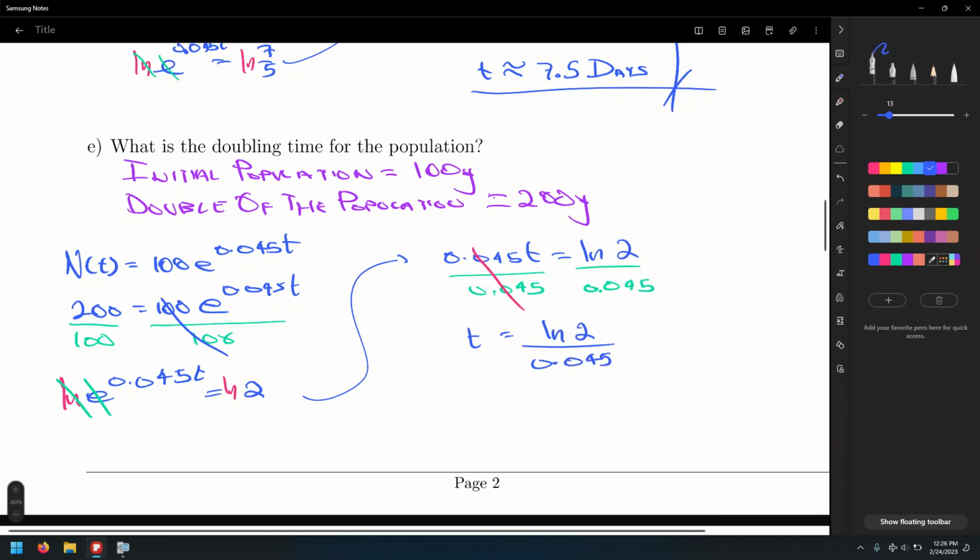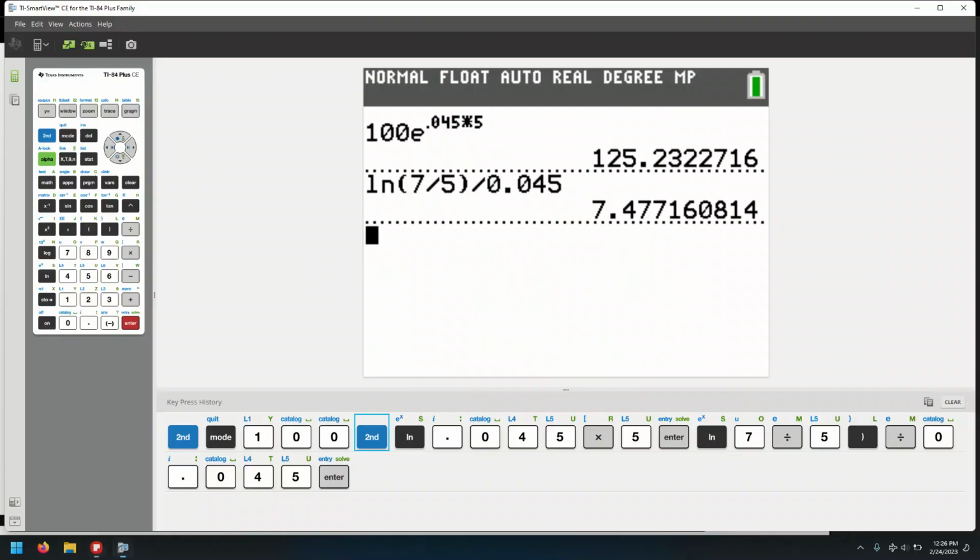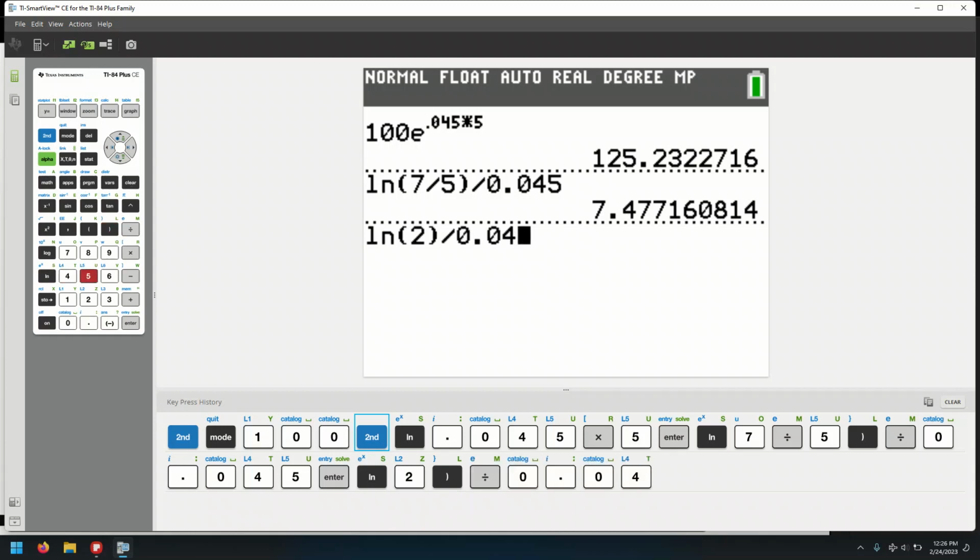But again, we need to have an idea of what's the actual number. So ln of 2 divided by 0.045, and that's actually after 15.4 days.